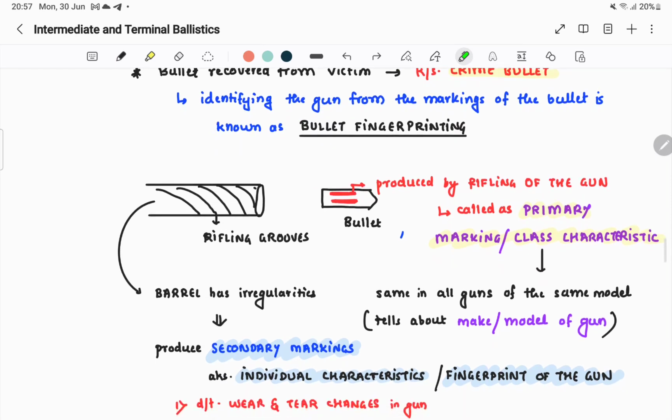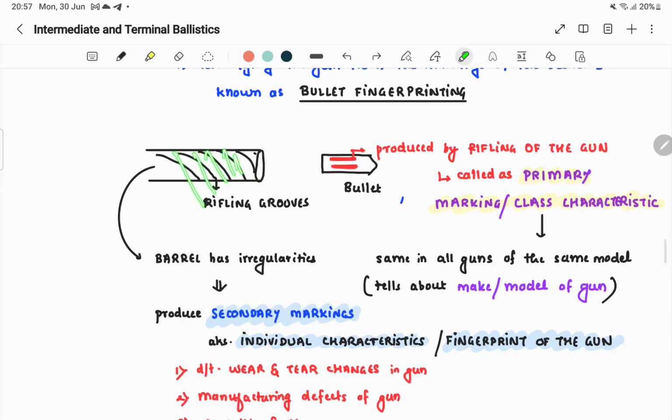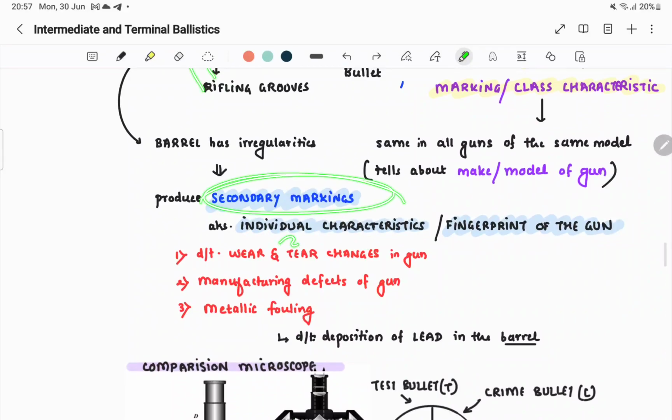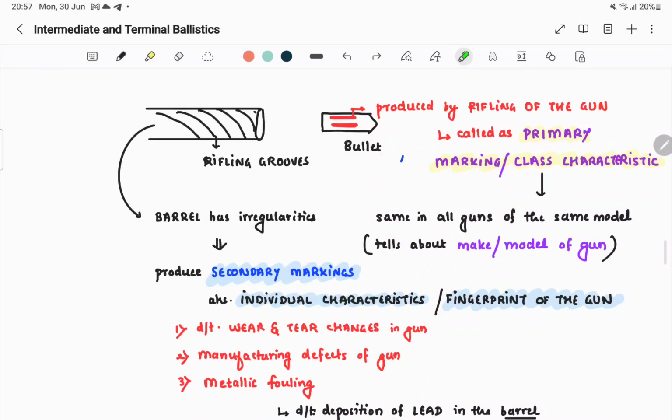Bullet fingerprinting. The barrel has irregularities, so it will produce secondary markings or the fingerprint of the gun on the bullet. Secondary markings are produced on the gun, and primary markings are produced on the bullet, okay.